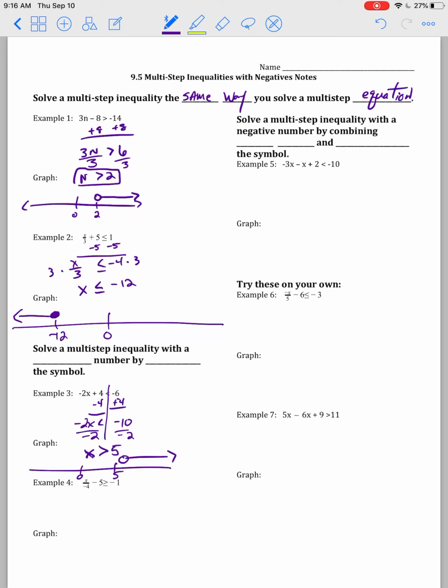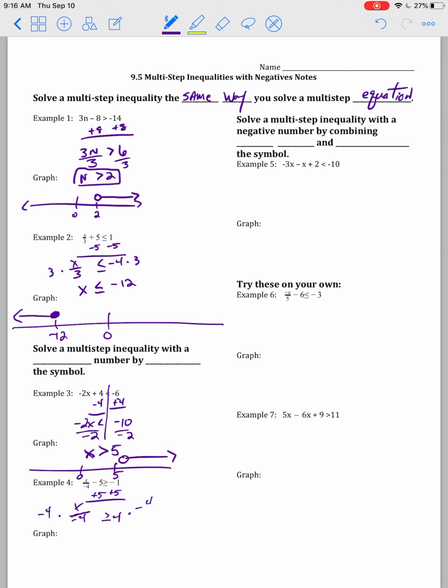We got kind of crowded on number 4, but I think we can get in here. We're going to plus 5, plus 5. That gives me 4. And then x over negative 4. Now that is a form of division. What's the inverse of division? Multiplication. Multiplying by negative 4.